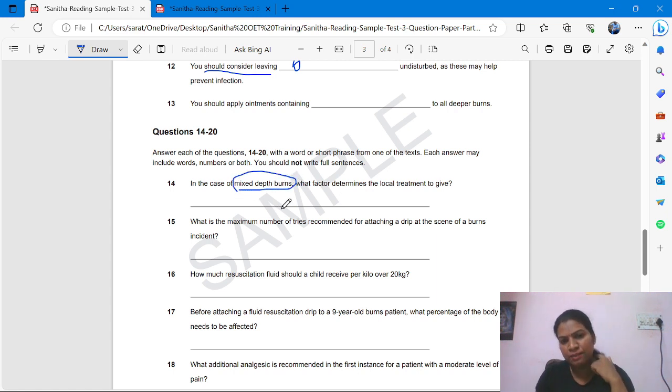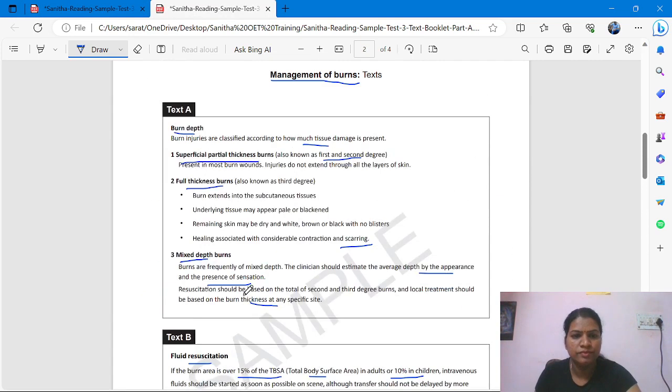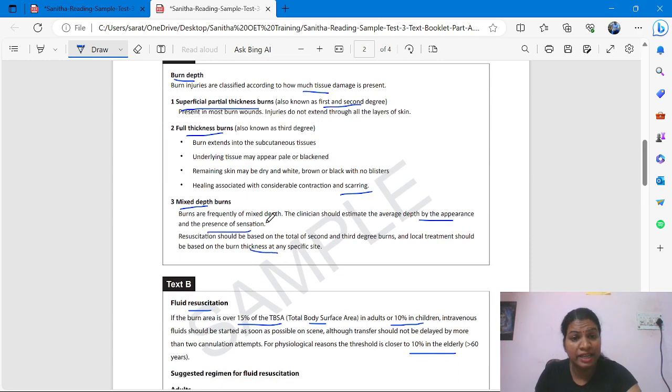In the case of mixed depth burns, which factor determines the local treatment to give? Which factor? We have to find that. Burns are frequently of mixed depth. The clinician should estimate the average depth by the appearance and the presence of sensation.